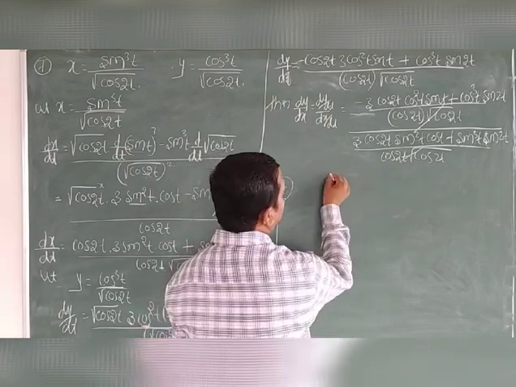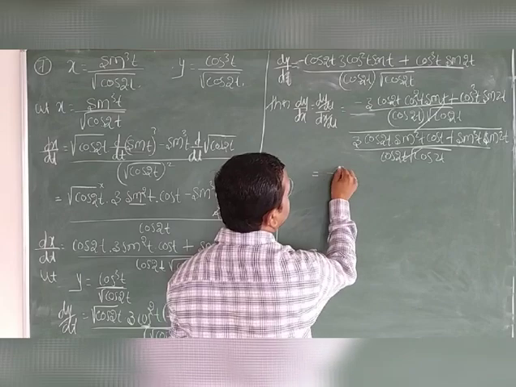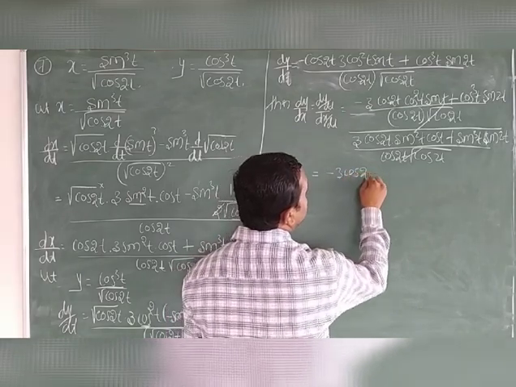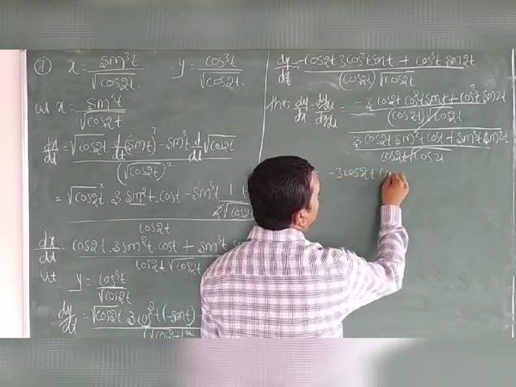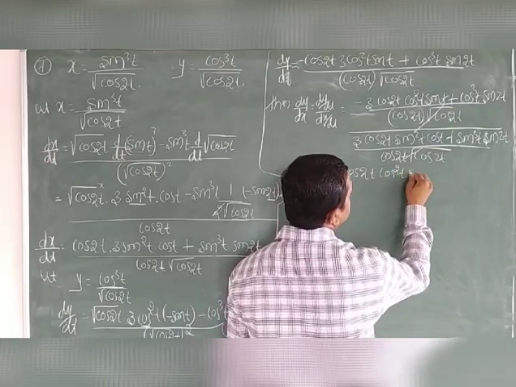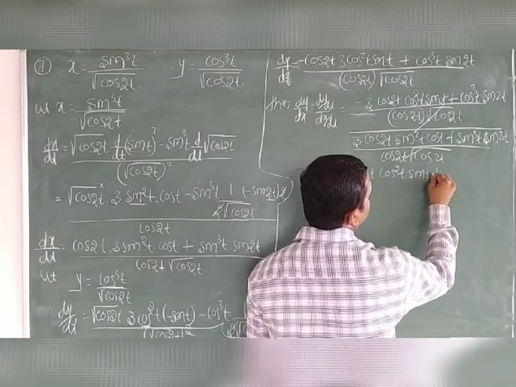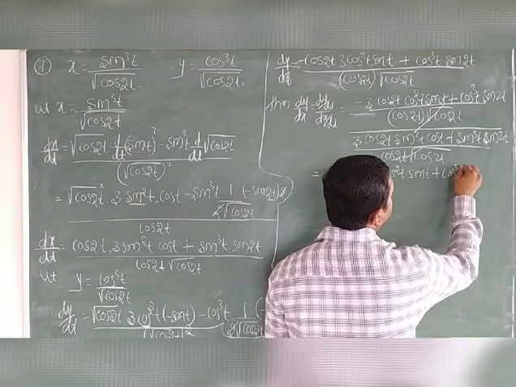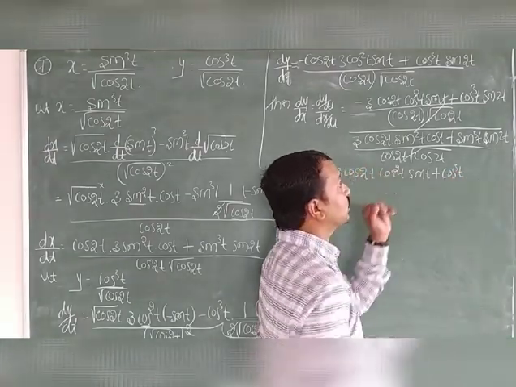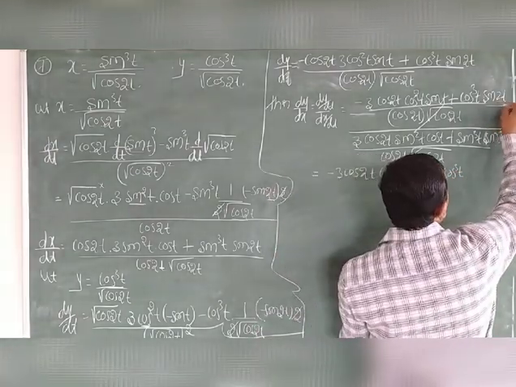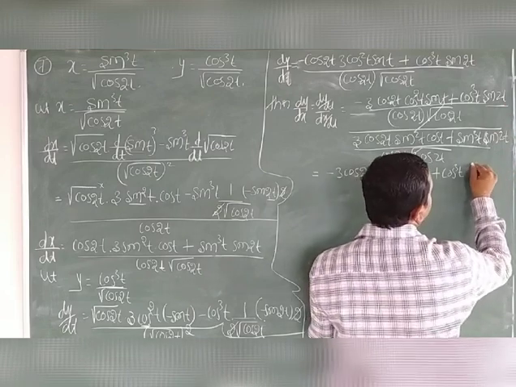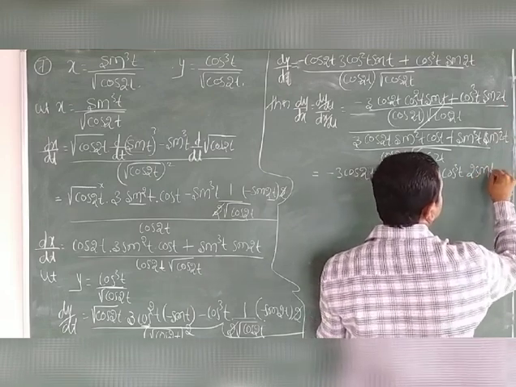Okay, that is equal to, we can write minus 3 into cos 2t as it is, cos square t as it is, sin t as it is, plus cos cube t as it is, and the sin 2t formula we apply. What is the formula for sin 2t? Sin 2t is 2 sin t into cos t.